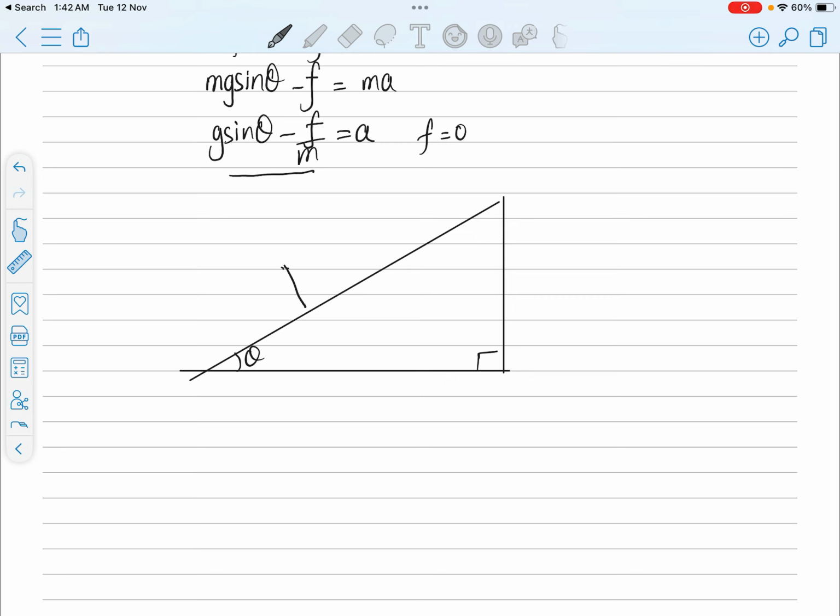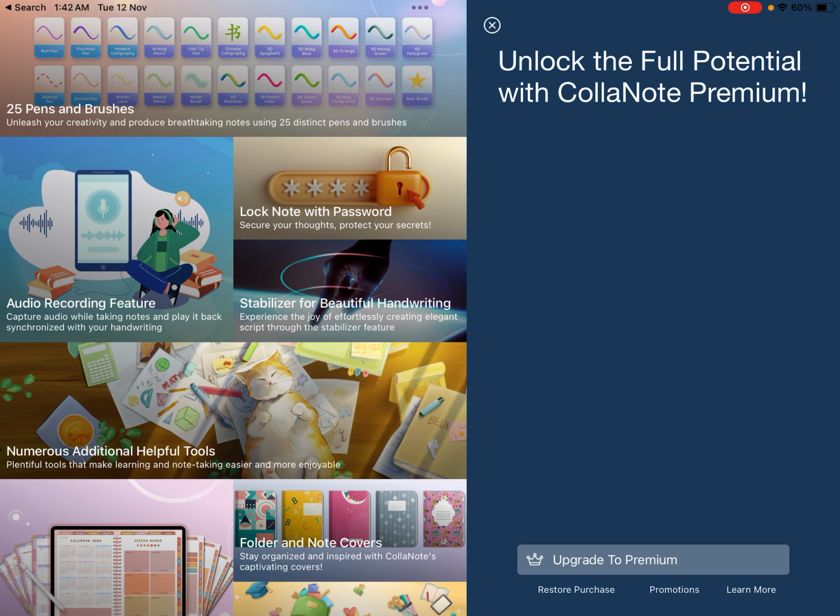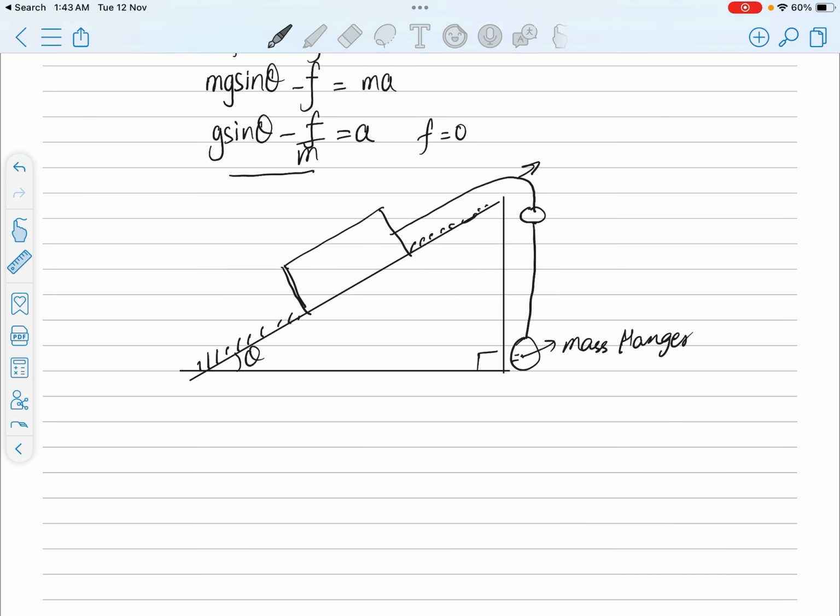Now we will see that this is a rough surface. There is a pulley. There is a mass hanger over here. Imagine this is a mass hanger and this is a pulley.